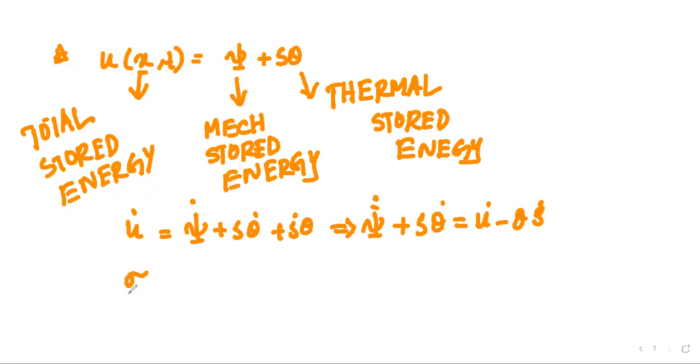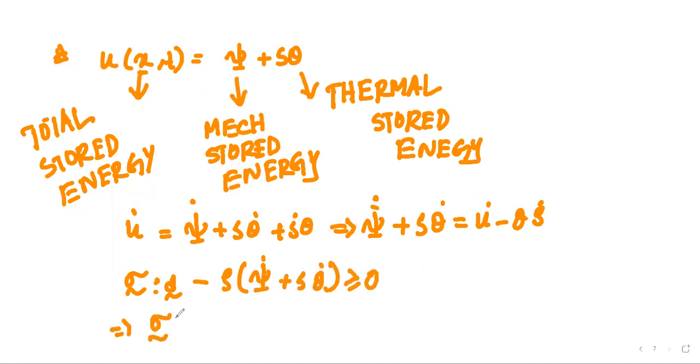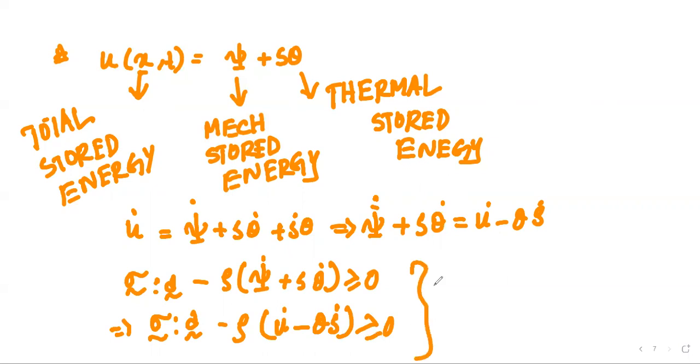Our expression for the second law was like this: psi dot plus S theta dot greater than or equal to 0. So in terms of internal energy, for this expression in the bracket, we can write U dot minus theta S dot greater than or equal to 0. Both are forms of the second law of thermodynamics.